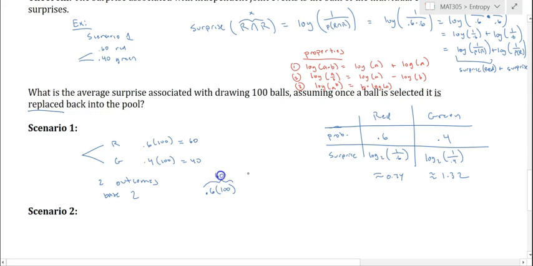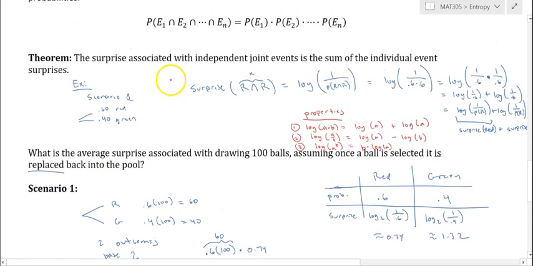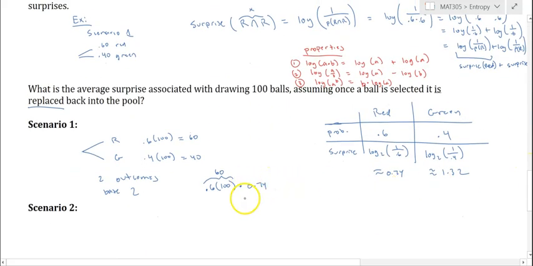And I'm multiplying that by the surprise associated with a red because, recall that what we just proved up here is that the surprise associated with independent joint events is the sum of the individual event surprises. So if you get 60 reds, then that's going to be 0.74 plus 0.74. Well, it's going to be 60 terms of 0.74, which is the same thing as just taking 60 times 0.74.